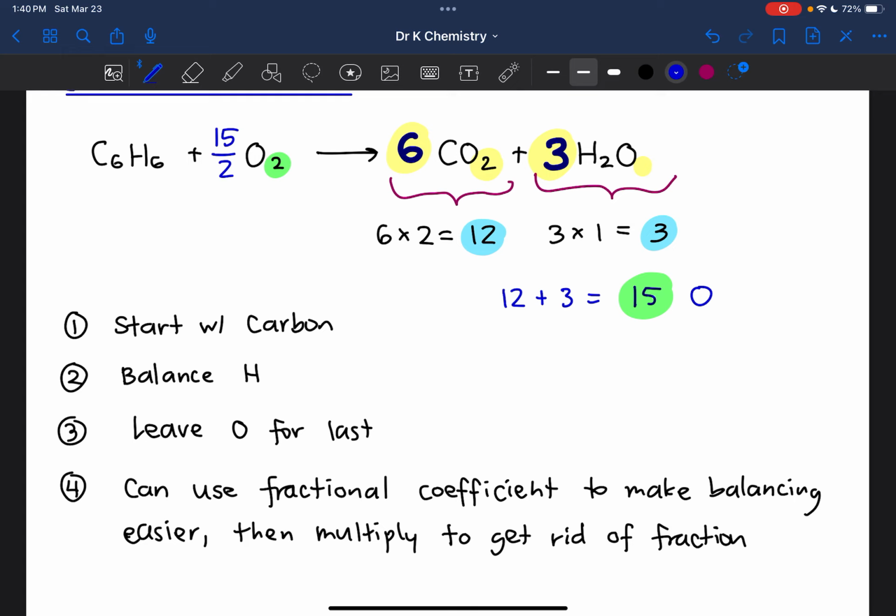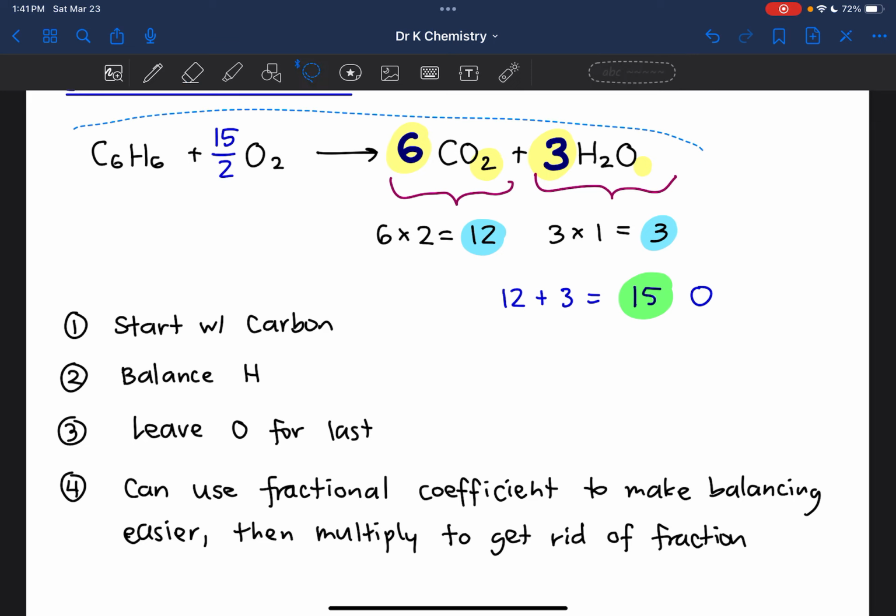And this is saying that the 2 over here in the numerator is going to cancel out the 2 in the denominator, and we are getting 15 oxygens on the left and 15 oxygens on the right. So that is the quick way that you can balance this equation.